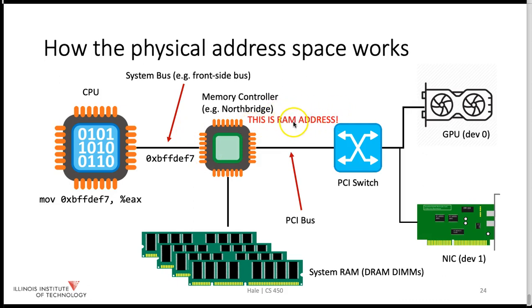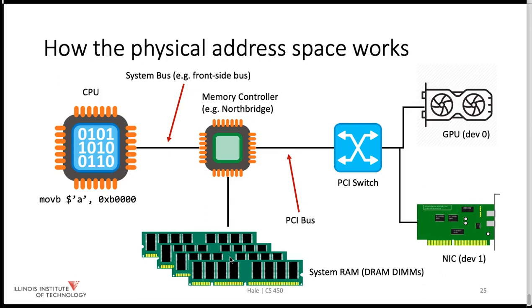This is actually DRAM, and I need to route that over to my DIMM chips right here. So it'll send that address along. The DRAM chips will respond with data, and that will go back over via the memory controller to the CPU.